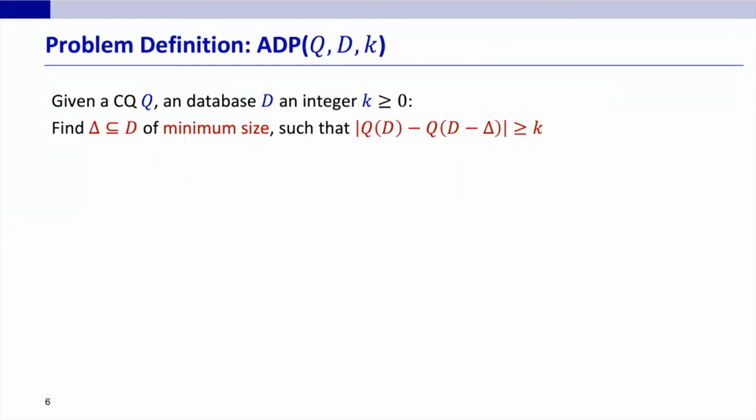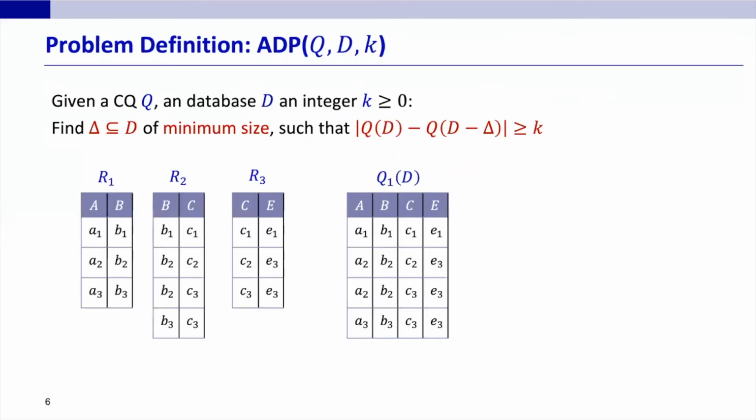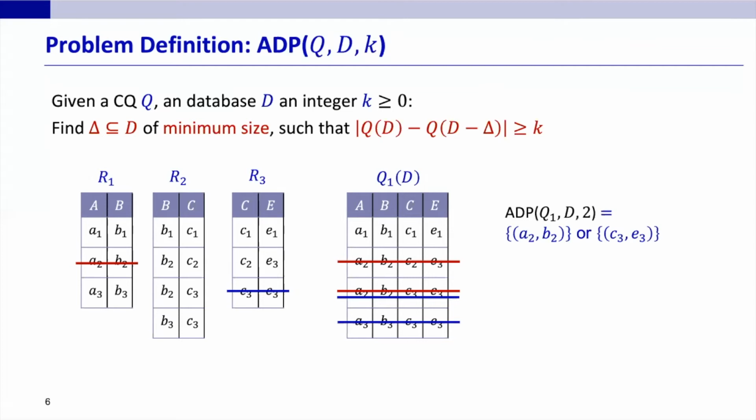As mentioned before, the target is to find a minimum subset of input tuples from D, such that removing them can remove at least k query results of Q over D. In this example, removing either tuple A2, B2 from R1 or C3, E3 from R3 can remove two query results. So the solution of ADP(Q, D, 2) follows this observation.